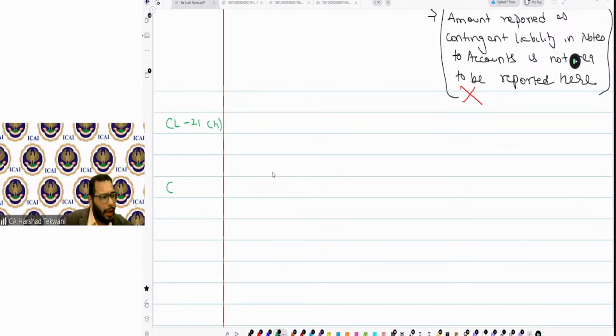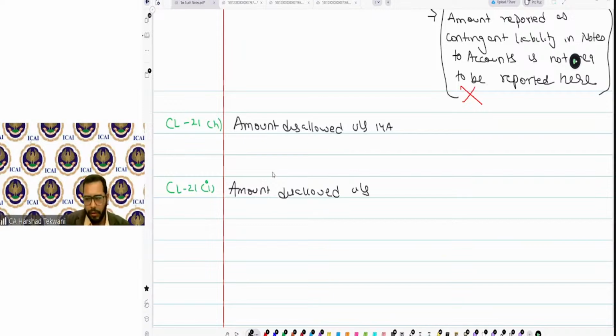Clause 21(h) and clause 21(i), that is, amount disallowed under section 14A and amount disallowed under section 36(1)(iii).